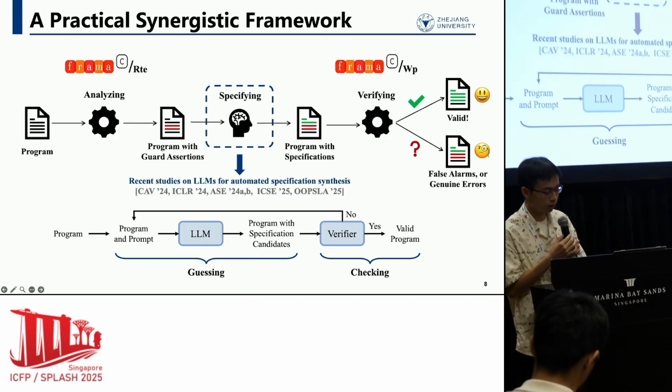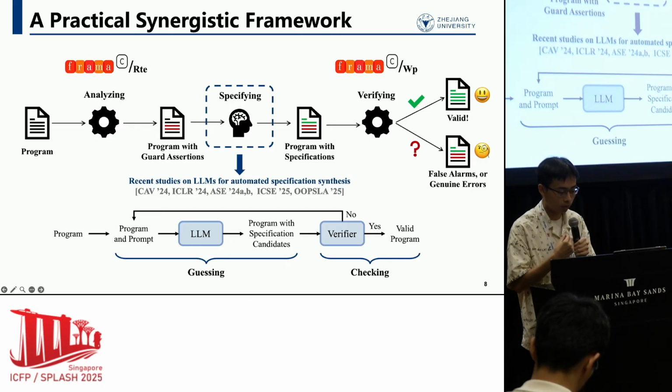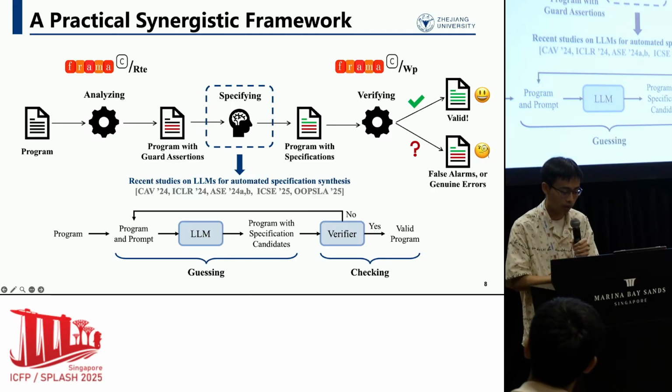First, in the guessing phase, an LLM is prompted to generate candidate specifications for a given program. Then in the checking phase, a verifier validates these candidates. If verification fails, the invalid result is fed back to the LLM to generate new candidates. This loop continues until a valid specification is found or a resource limit is reached.